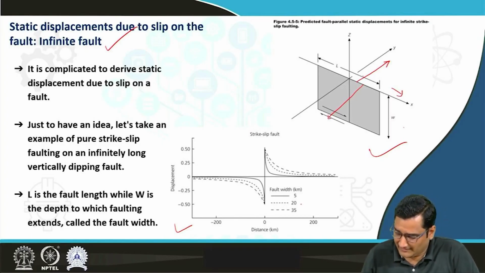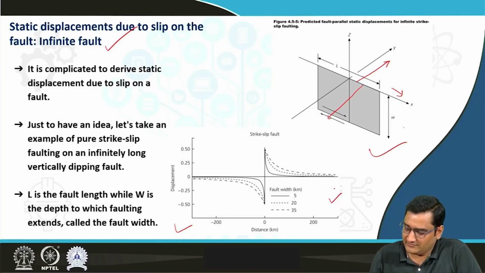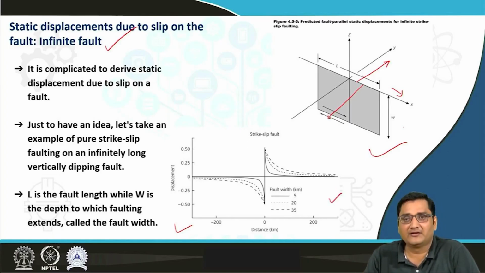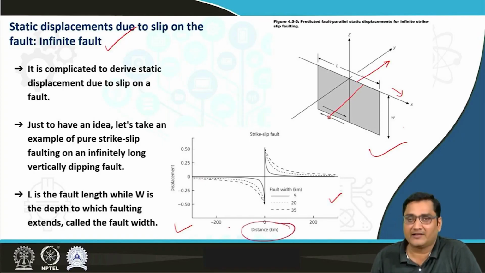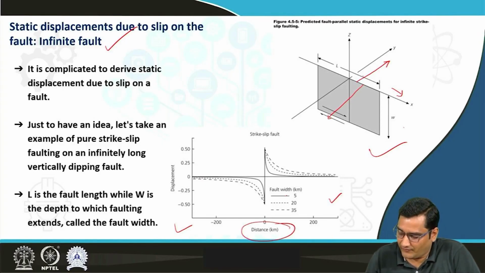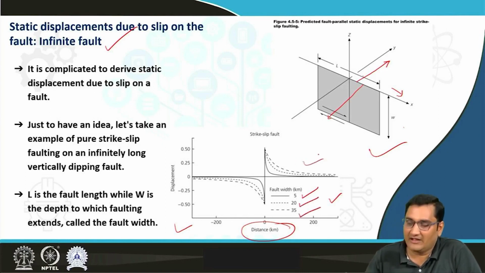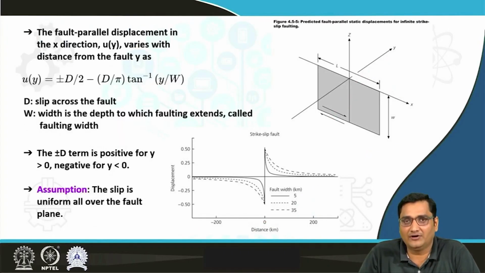This diagram is showing the displacement from the fault as a function of distance in the y direction, for three fault widths: 5 km, 20 km, and 30 km. You can see all are getting reduced as you go away from the fault plane, or the location of the fault.